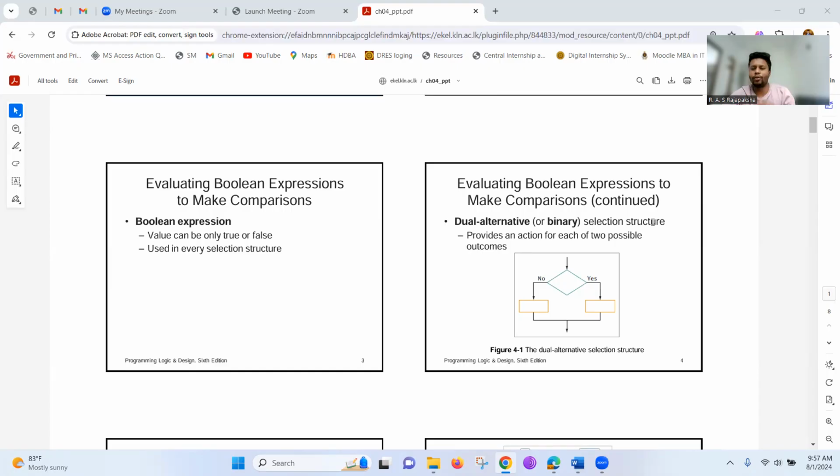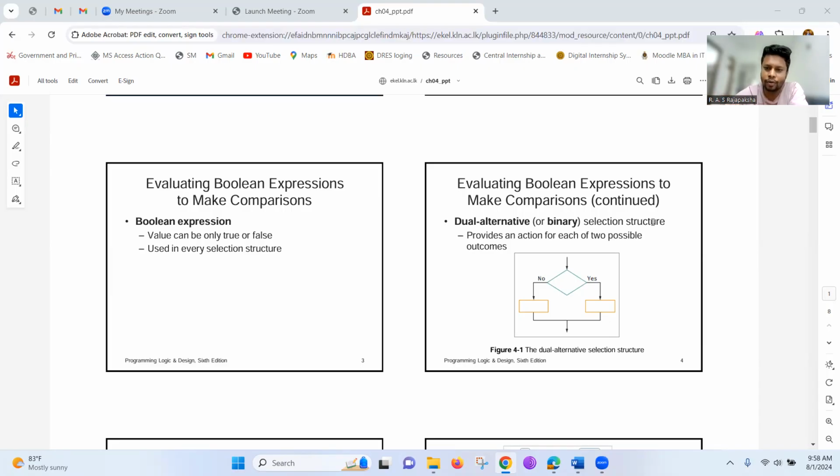If not, you fail. So there are two alternatives, yes and no. In this kind of situation, you can use these Boolean expressions to develop your programs, right? A dual alternatives selection structure provides an action for each of two possible outcomes.